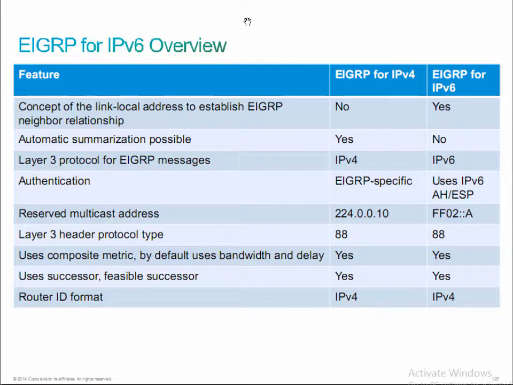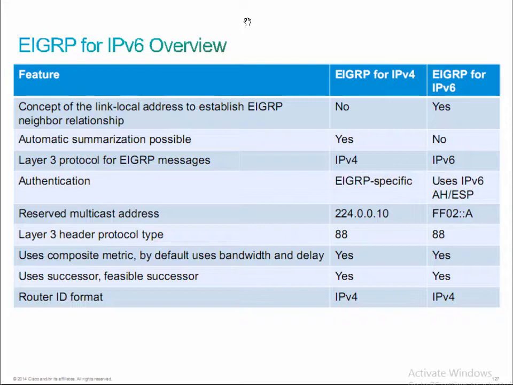The authentication piece, as I was just mentioning: within IPv4, we have EIGRP-specific configurations, typically using MD5 hashing and challenge-based authentication. Whereas in IPv6, we simply use the authentication header and encapsulating security payload features, essentially AH and ESP, which are IPsec, natively built into the IPv6 protocol.